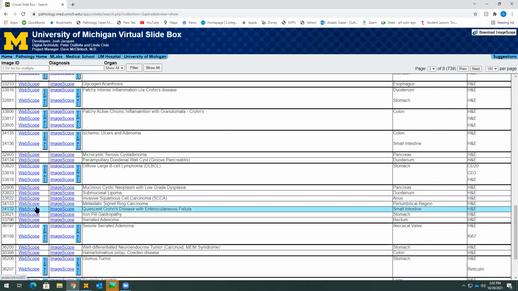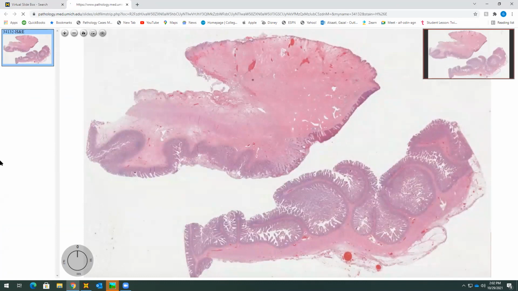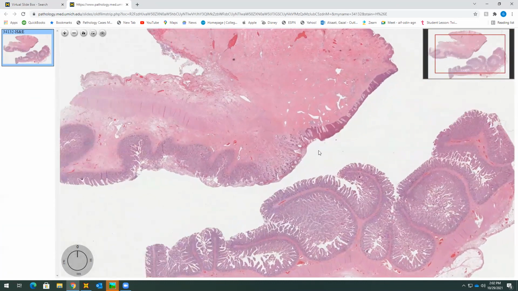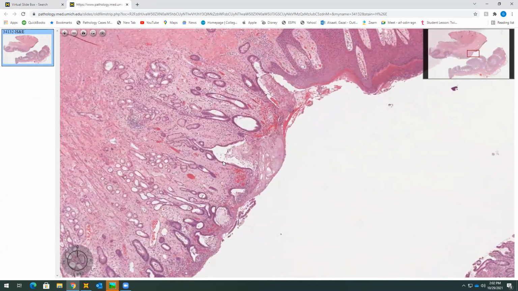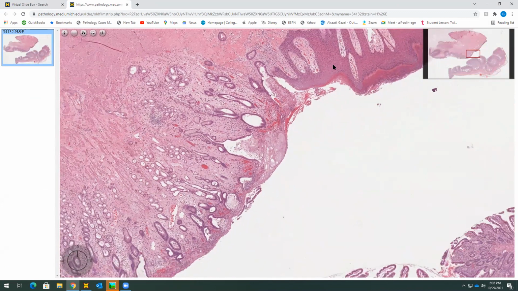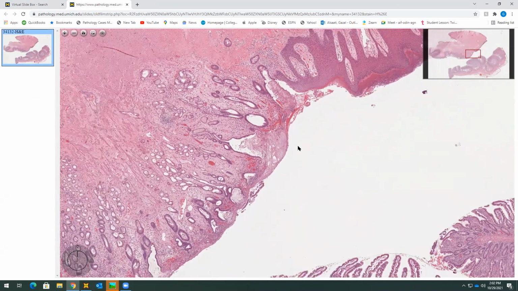Coalescent Crohn's disease with enterocutaneous fistula. Okay, again, that's going to be a resection because there's so much description in it. So this is the anoglandular junction, or no, not anal. It's going to be a squamoglandular junction of some sort.